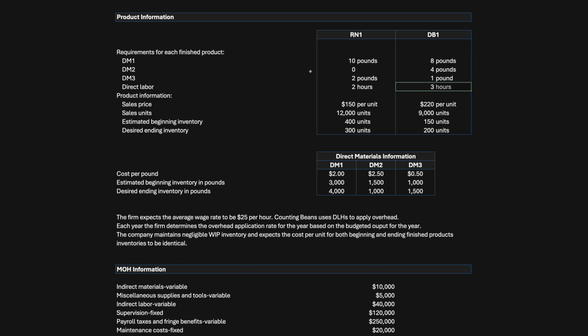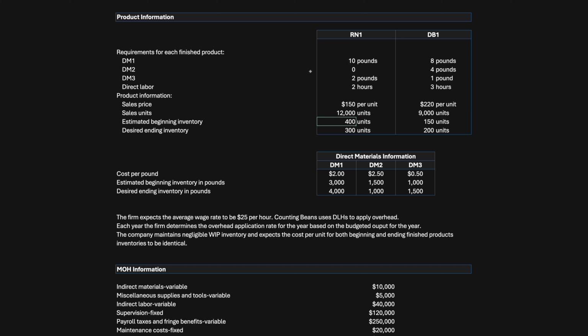These are specialty blends. They are not cheap, so they are sold for a fair price. The price for this is $150 per unit for every unit of RN1 and $220 a unit for every unit of DB1. Sales for RN1, with the lower price, you can expect a higher number of sales, 12,000 units, and for DB1, 9,000 units.